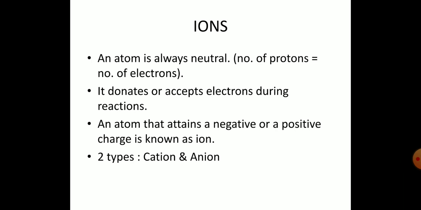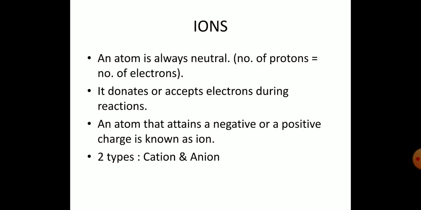But during reactions, there will be loss of electrons or gain of electrons. Loss means we are going to donate the electrons. Gain means we are going to accept the electrons. Accordingly, the atom will have a positive charge or the negative charge. So the charged atom, or the atom with negative or positive charge, is called an ion.